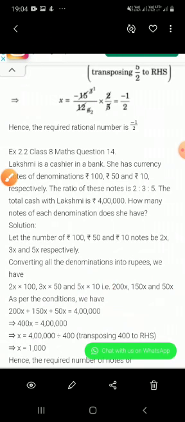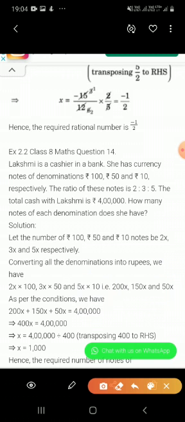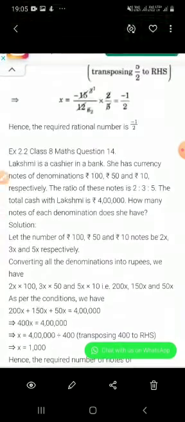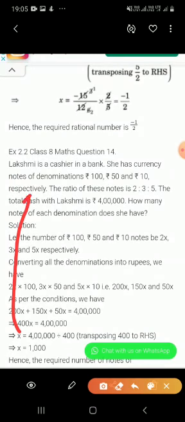So on addition of all these three, we should have a total of rupees 4 lakhs. So 200x plus 150x plus 50x equal to 4 lakh. On solving this, 200 plus 150 is 350, plus 50 is 400. So 400x equal to 4 lakh. This will be your x that we will solve.